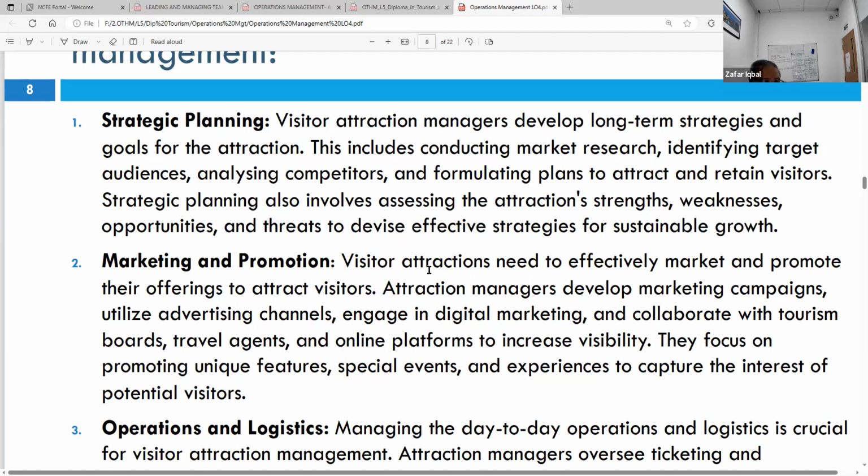Now, these strategies can vary from working with external agencies or internal agencies, to looking at other partnerships, or maybe working with local councils. So there are different stakeholders, different people you will be working with.